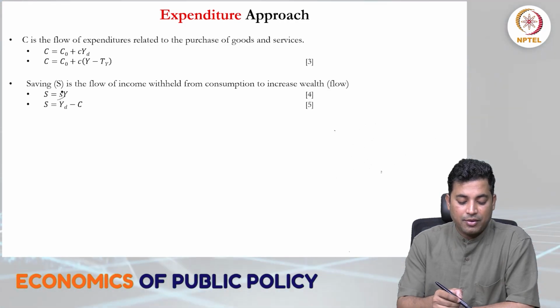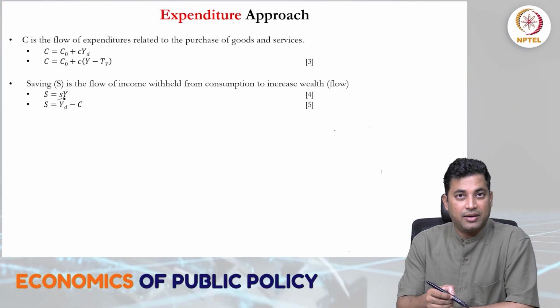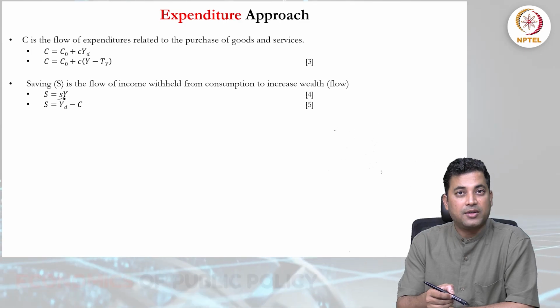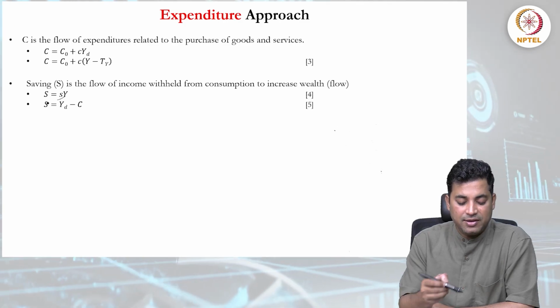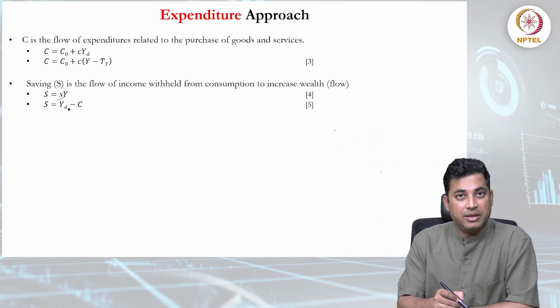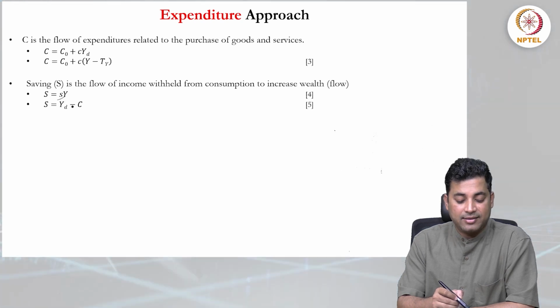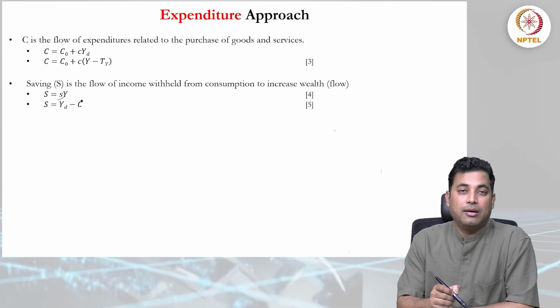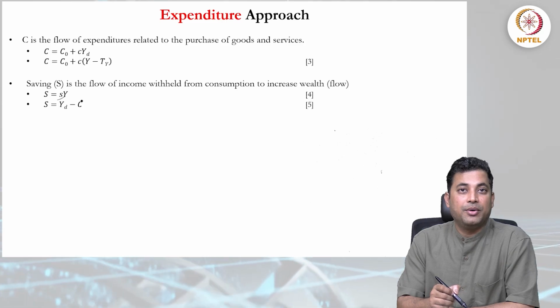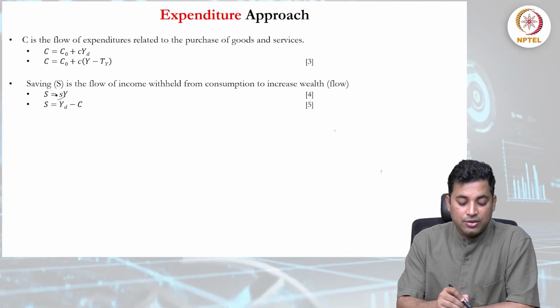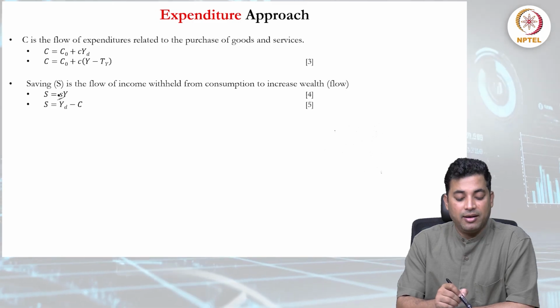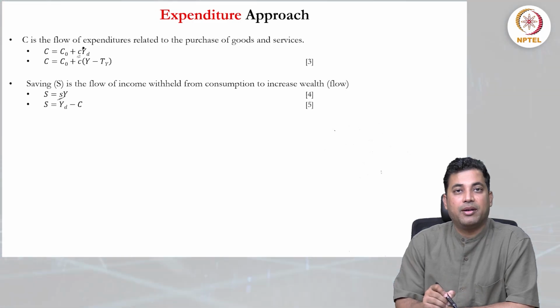Of course, savings is a leftover after consumption, and therefore savings is actually disposable income, after paying the taxes, minus total consumption. So small s is very important here, and small c is very important here.